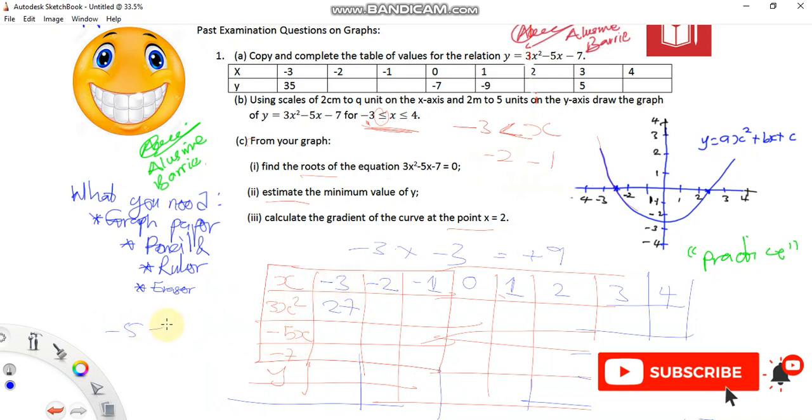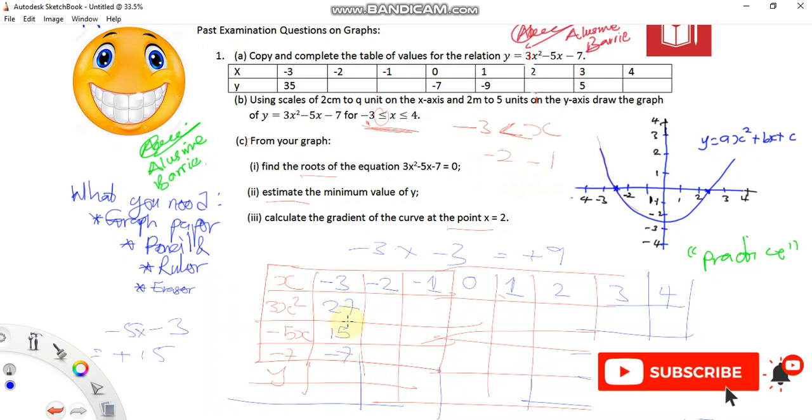It's minus 3. So minus times minus is plus again, and then 5 times 3 is 15. So therefore, you put 15 here. And then minus 7. There is no x value to multiply with this, so we just put the minus 7.